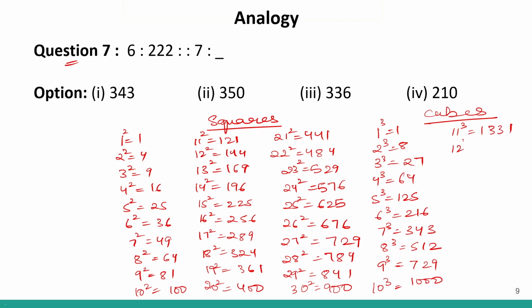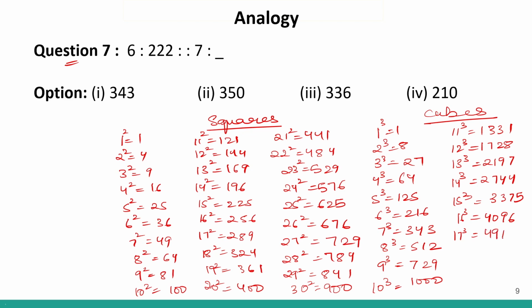1331. 12 cube, 1728. 13 cube, 2197. 14 cube, 2744. 15 cube is 3375. 16 cube, 4096. 17 cube, 4913. 18 cube, 5832. 19 cube, 6859.